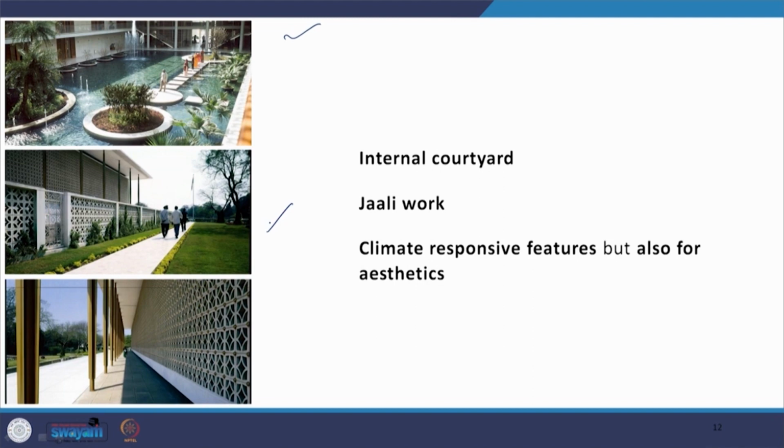All of these elements are not only a part of the climatic response of the building, that is the jali work and the projected roof over the building to prevent direct sun impacting on the facade, and you have internal courtyards with water and greenery to cool down the building on the inside.